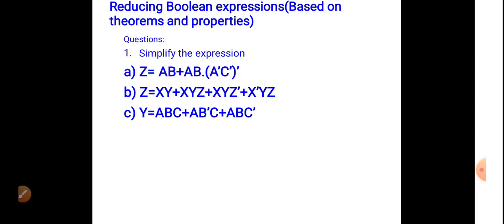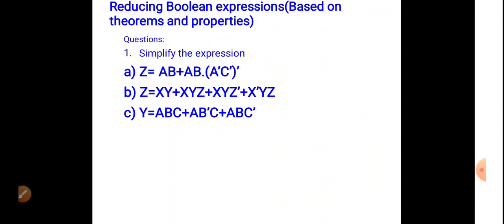The main advantage of using these Boolean laws and theorems is seen in the number of gates. Now the first simple example: if I draw this expression for the first one, I need one AND gate for A dot B, a second AND gate for A dot C, a third AND gate for A bar C bar, and a NOT gate.